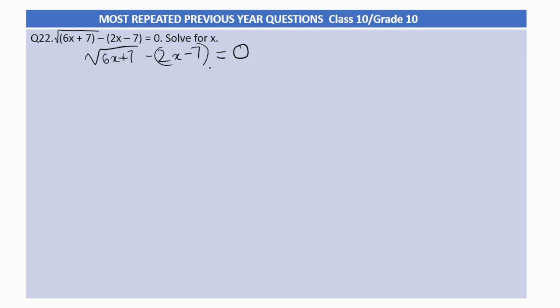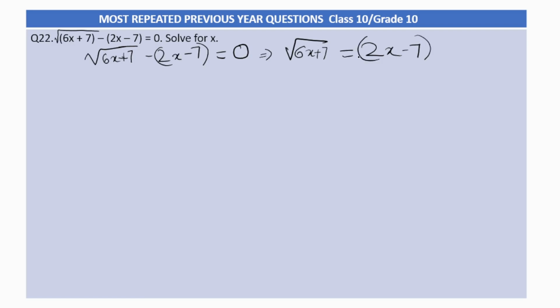You take this entire thing which is outside the square root, this 2x minus 7, you take it to the other side. Then you can remove this square root. How? We will see. So root over 6x plus 7 is equal to 2x minus 7. If this minus of 2x minus 7 goes to the other side, it will become plus.